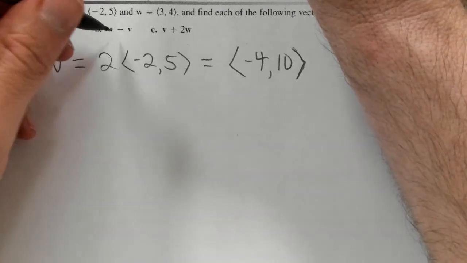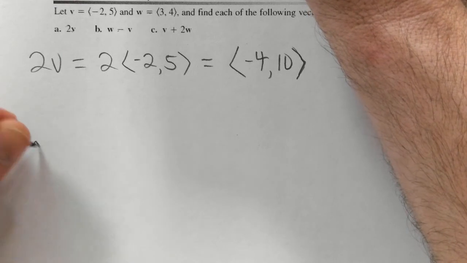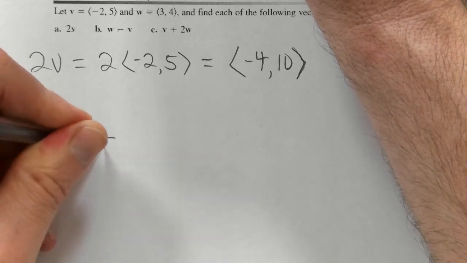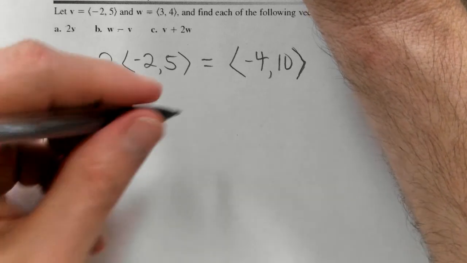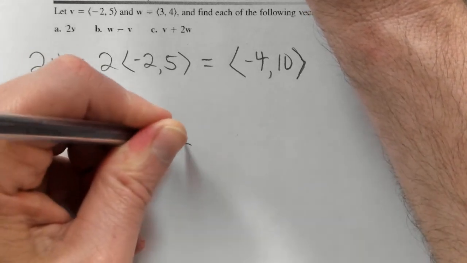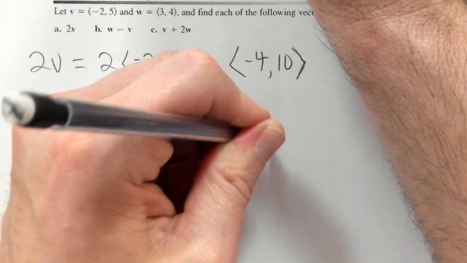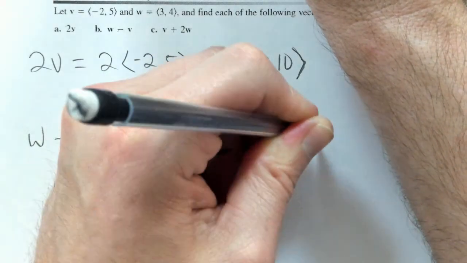Now, what about vector W minus vector V? Well, vector W minus vector V is going to be equal to this component, 3, 4, minus this component, which is -2, 5.